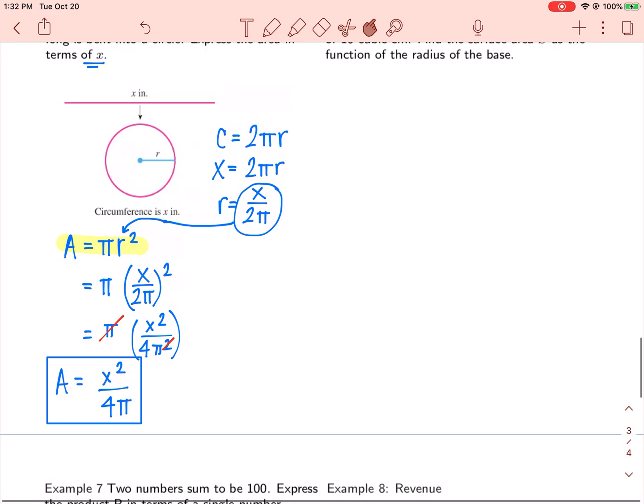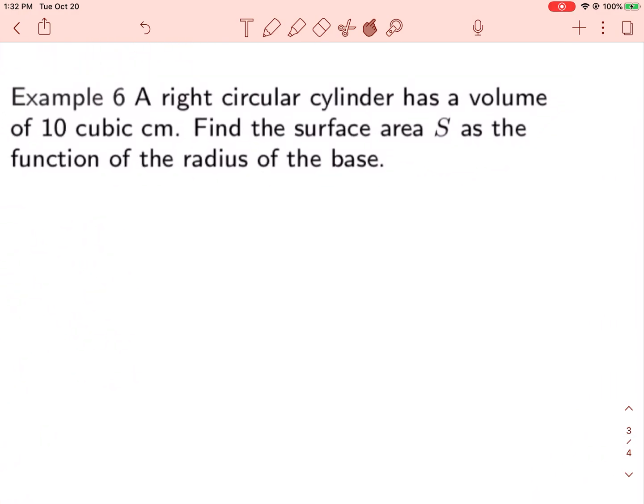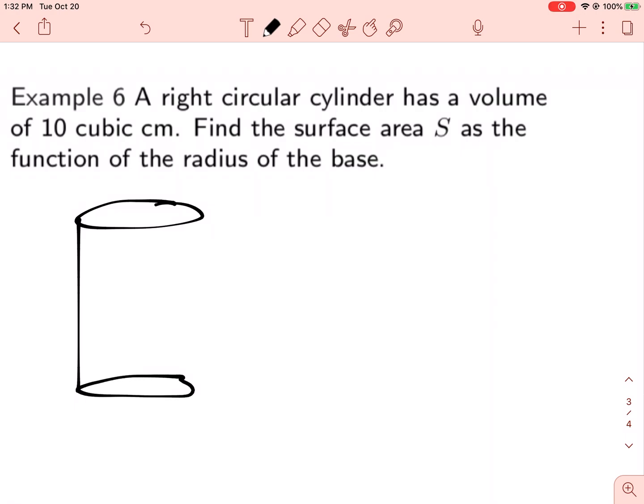Last one. A right circular cylinder has a volume of 10 cubic centimeters. Find the surface area S as a function of the radius of the base. Okay, here's my picture. Here's my nice cylinder. I'm not an artist, so do not judge me.